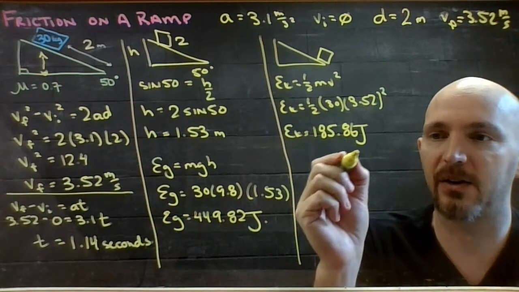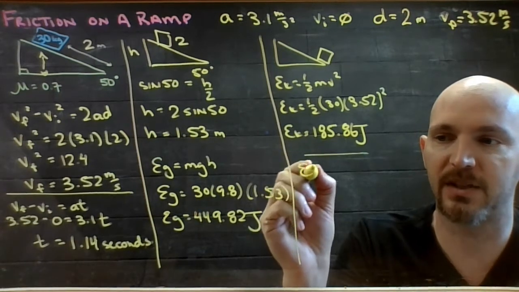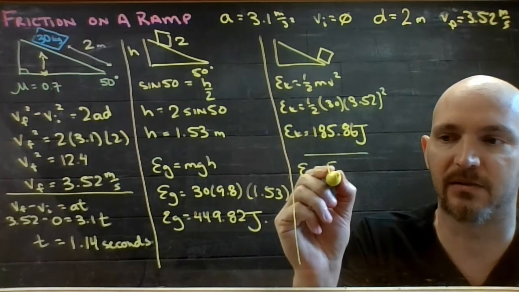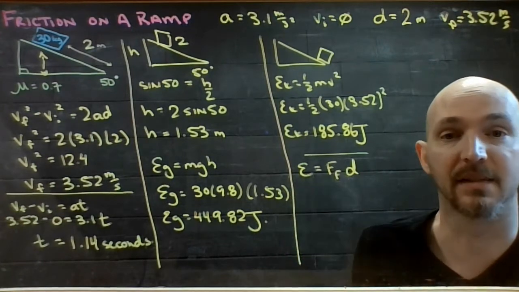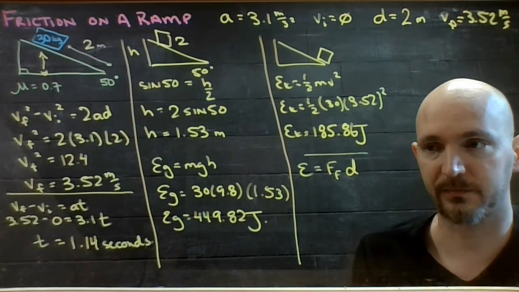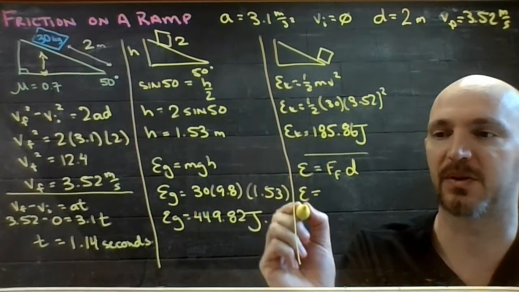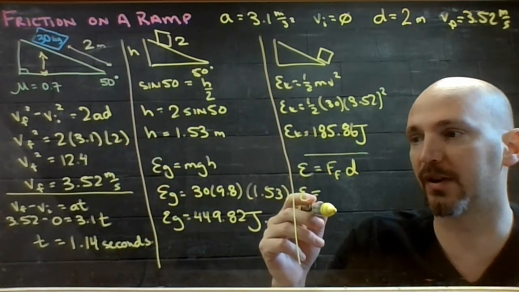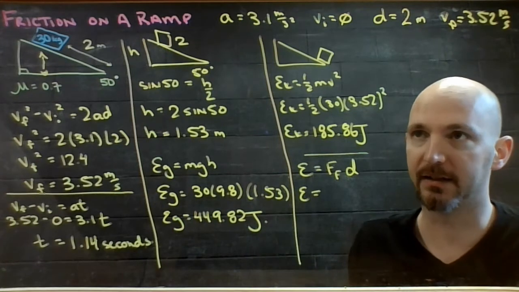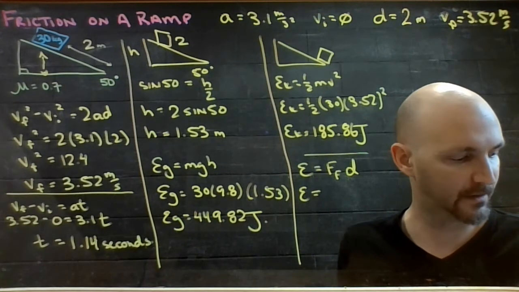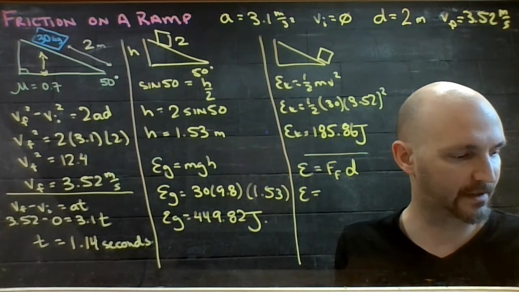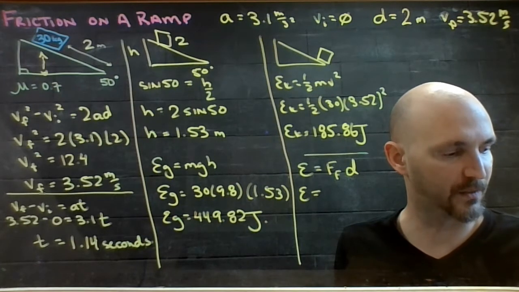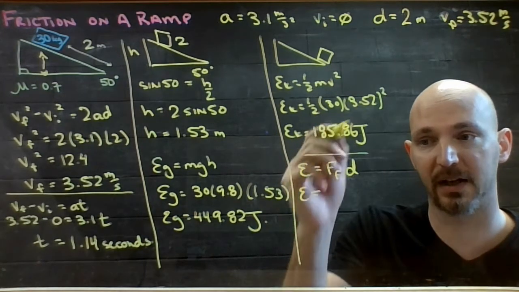The way you calculate that is energy is the force of friction multiplied by the distance that you traveled. So for this particular example, the force of friction, which I seem to have erased here, but if I check on my example, was 132.29.